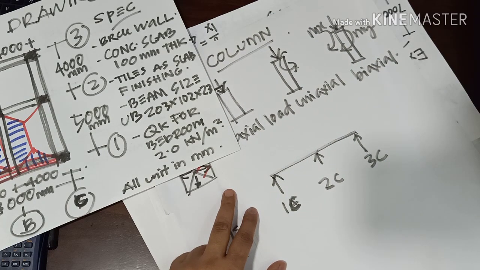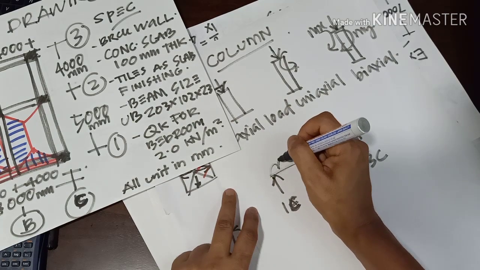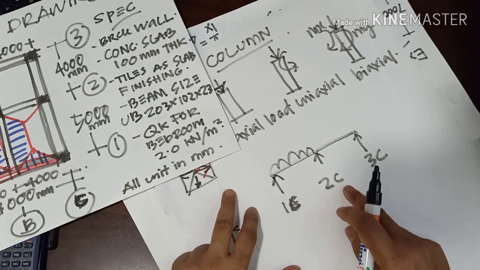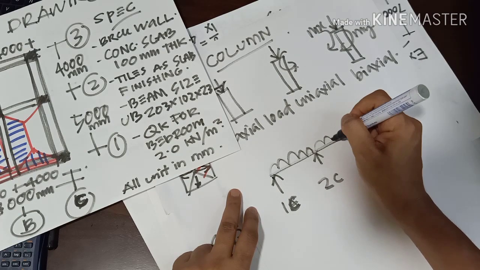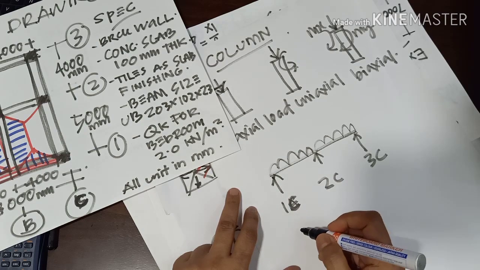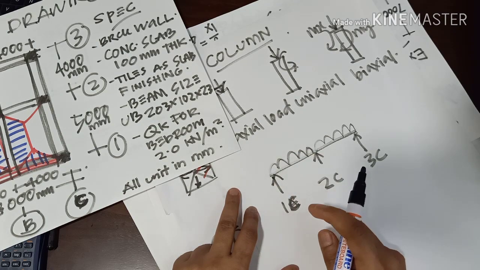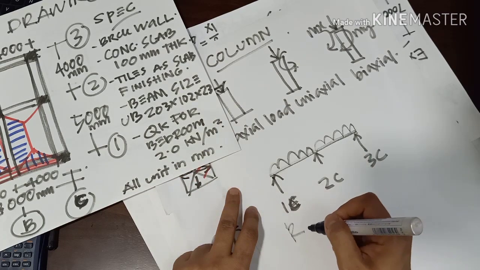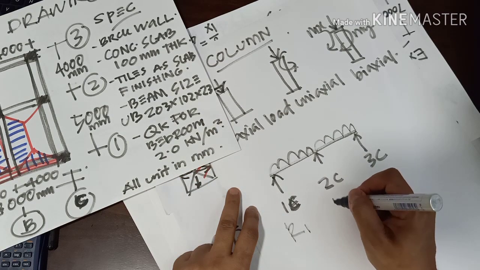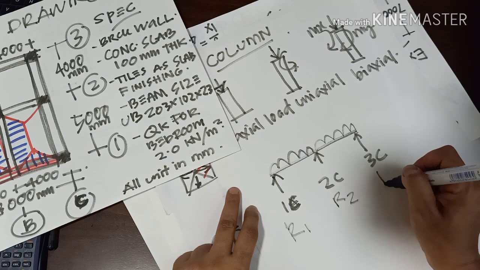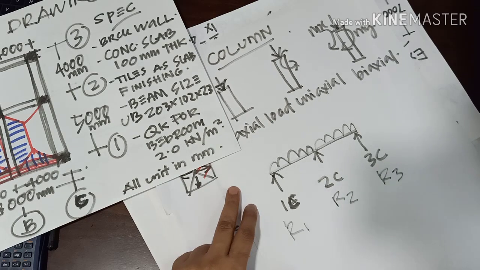So what you have to do is calculate the load acting on beam C12 and also the load on C23, and then find the reactions. From here you may get reactions R1, here you will have reaction R2, and here you will have reaction R3.